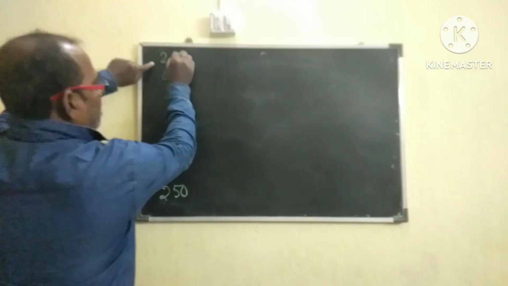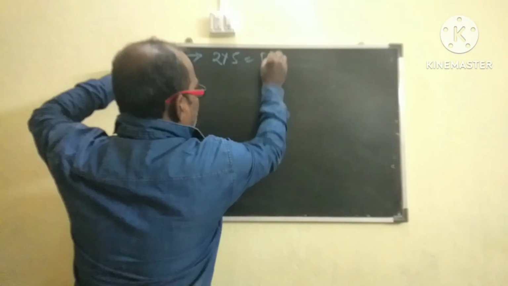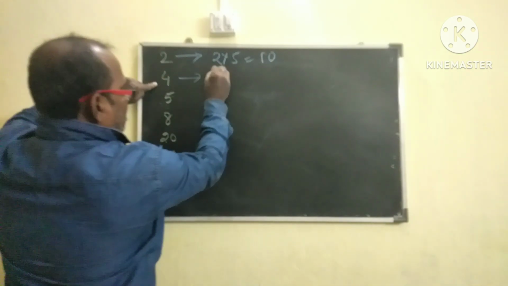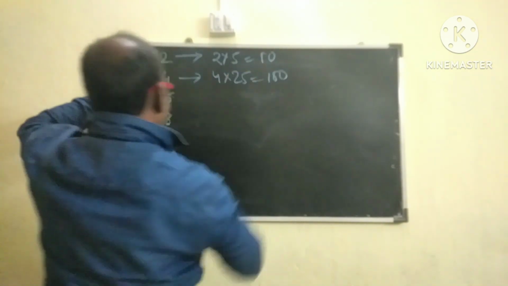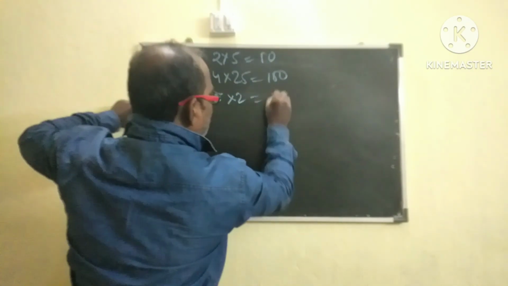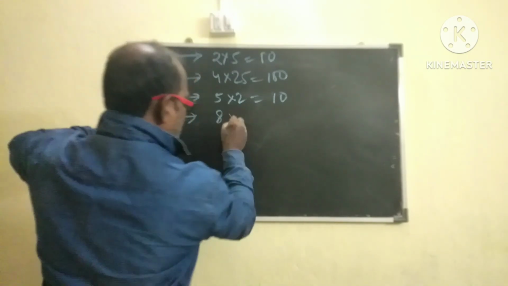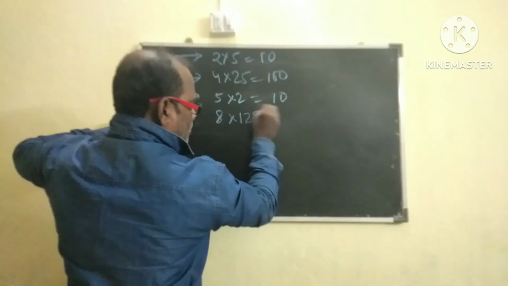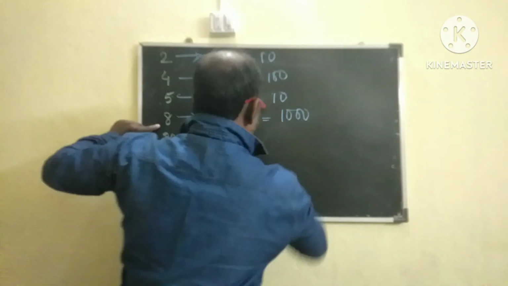If it is 2, you can make it 2 into 5 equals 10. For 4, you can multiply 4 into 25 equals 100. For 5, you can write 5 into 2 equals 10. For 8, you can write 8 into 125 equals 1000.